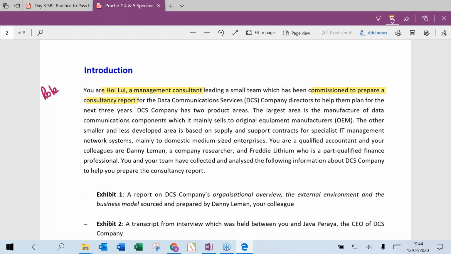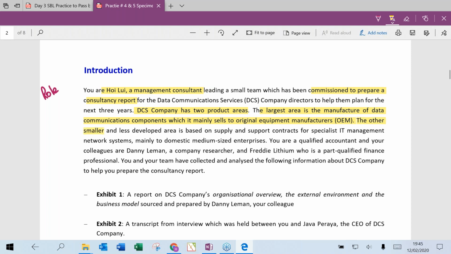DCS company has two product areas. The largest area is the manufacture of data communication components, which it sells mainly to original equipment manufacturers. The other smaller and less developed area is based on supply and support contracts for specialist IT management network systems, mainly to domestic medium-sized enterprises.